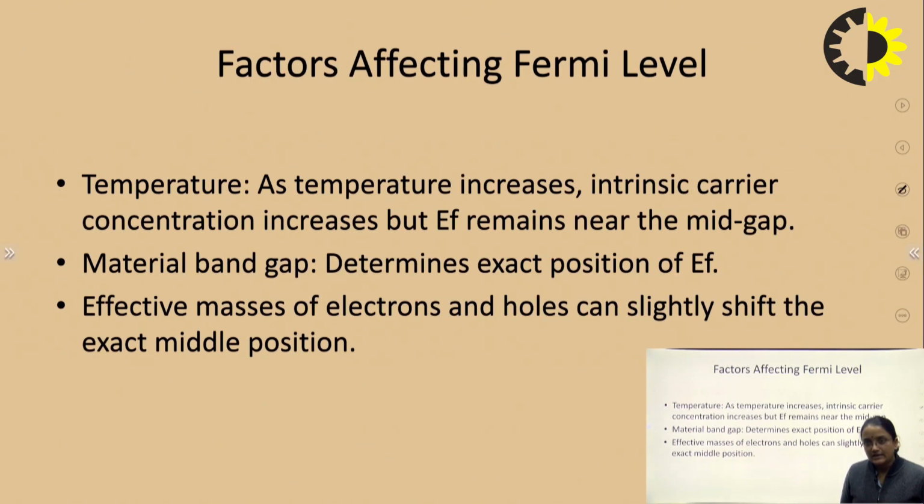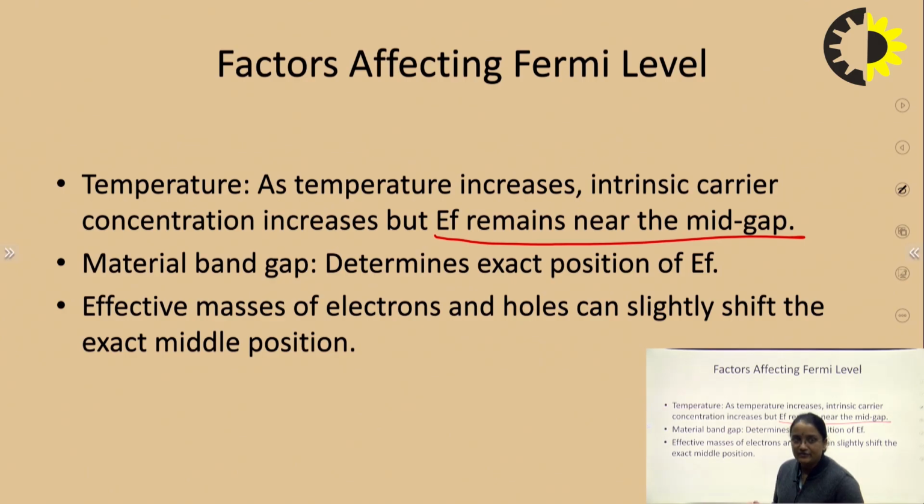Now, what are the factors that are influencing your Fermi level? The first factor is temperature, the next is the material band gap or the energy band gap, and the last is the effective mass. Temperature: as the temperature increases, the intrinsic carrier concentration increases, but the EF remains near the mid gap. There is only a slight difference observed in the position of Fermi level.